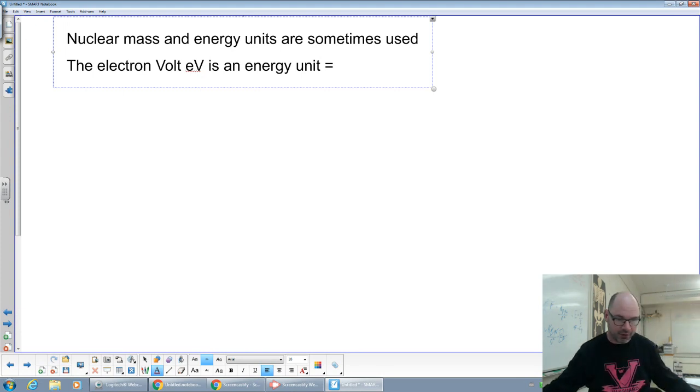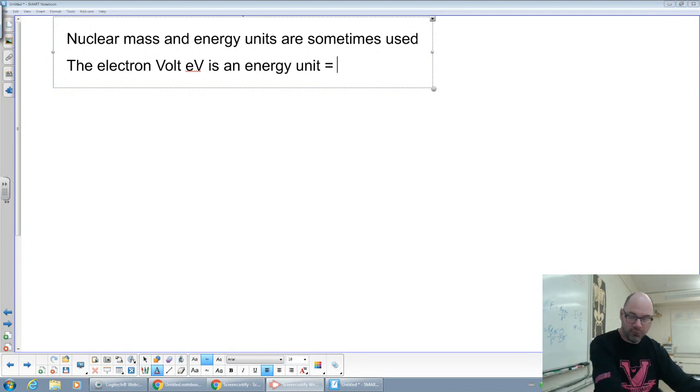I looked it up here: one electron volt is equal to 1.60218 times 10 to the negative 19 joules.